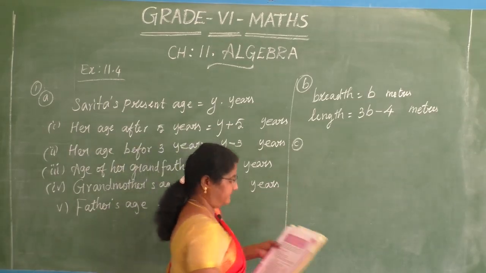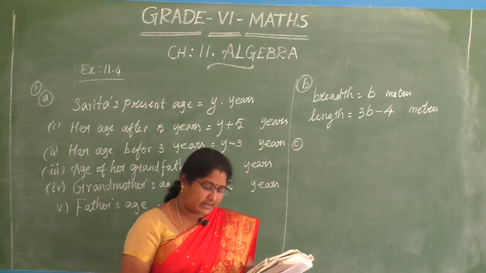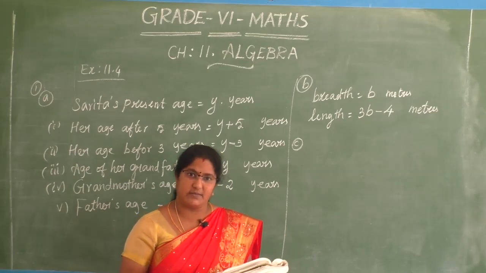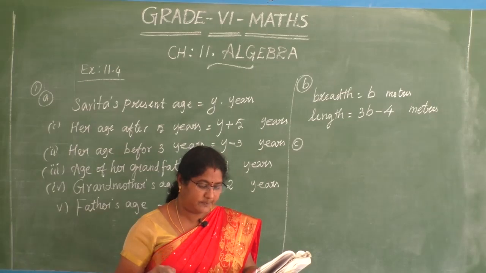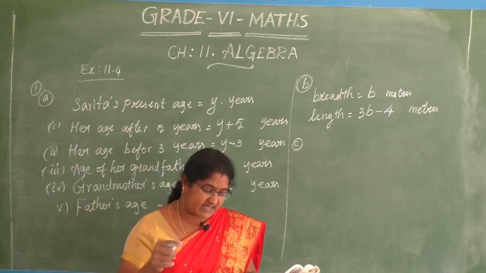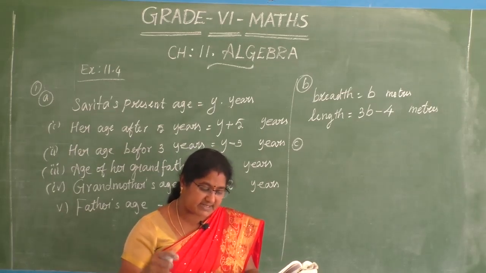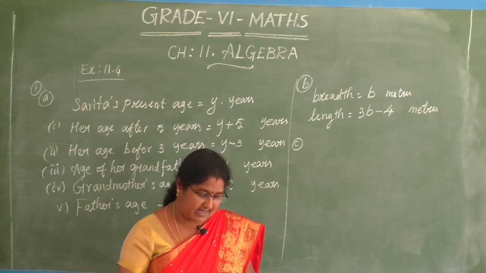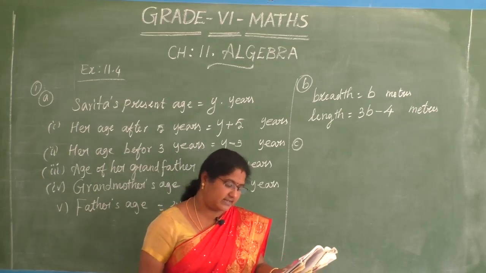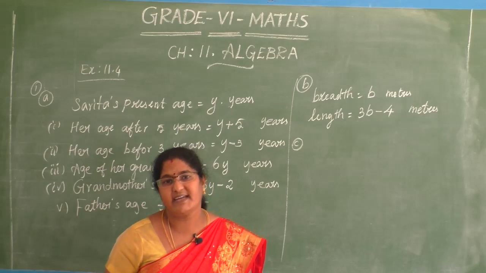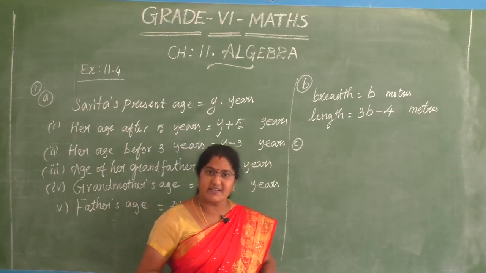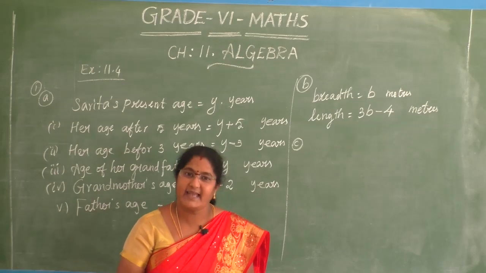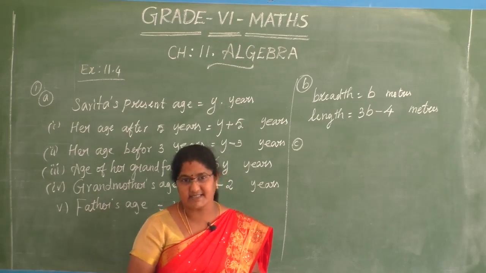Next is C question. A rectangular box has height h centimeter. Its length is 5 times the height and the breadth is 10 centimeter less than the length. Express the length and the breadth of the box in terms of height. One letter is given, h for height.